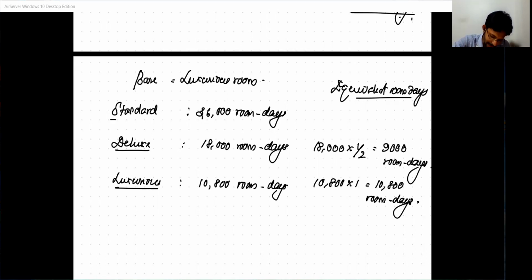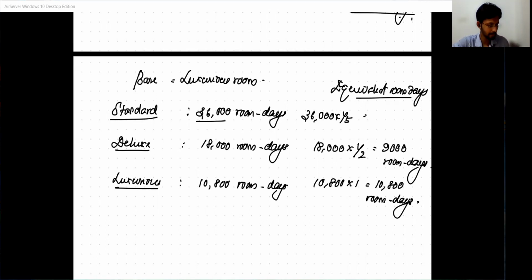Similarly, standard room: one luxurious room is equal to 5 standard rooms, or one standard room is equal to 1/5 of luxurious room. So 36,000 standard room days is equal to 36,000 into 1/5.